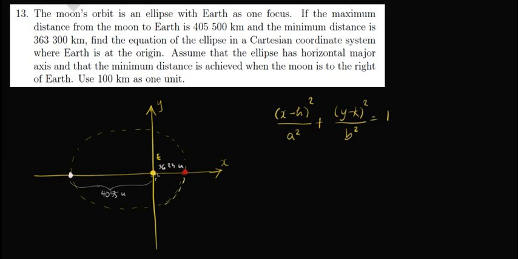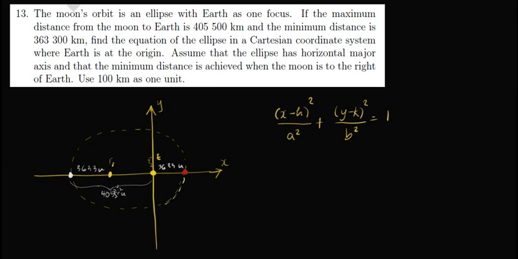Sabi sa problem, yung Earth daw nasa one focus. So, yung isa pang focus medyo nandito. Focus 1 to. So, Earth yung focus 2. And from this point up to this point is also 3,633 units.